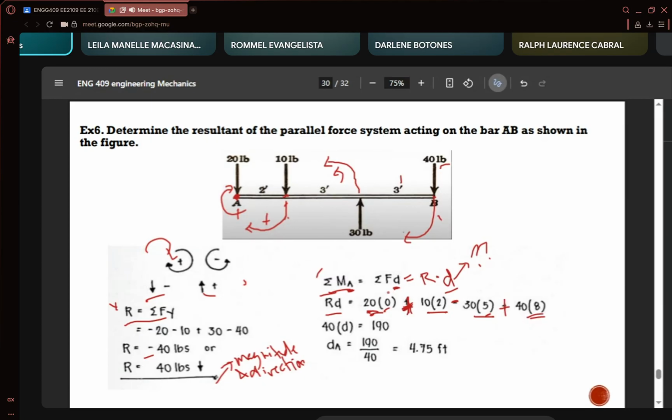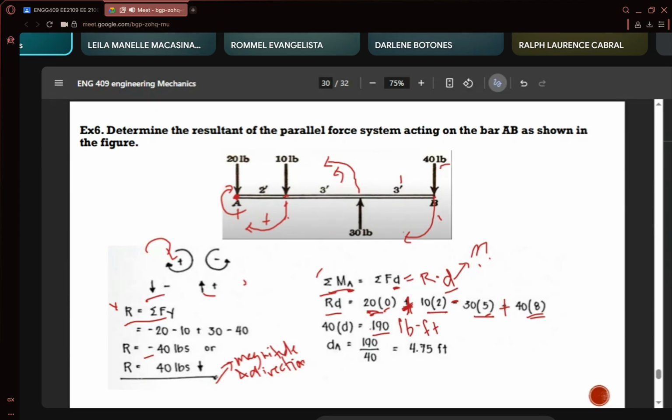So you'll get here the summation of the moments, which is 190 pound feet. Okay, this is the unit.